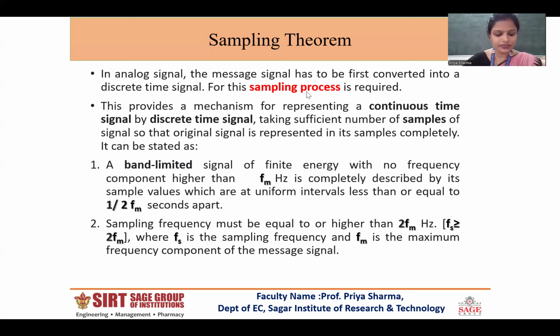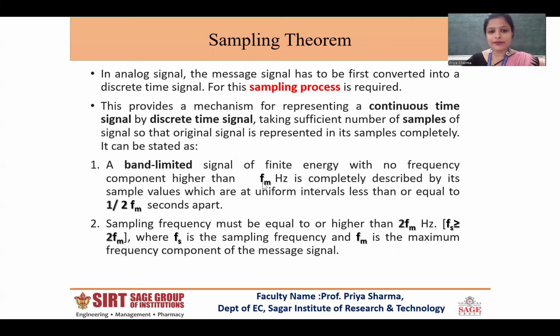Using the sampling process, we can convert a continuous time signal into a discrete time signal. This provides a mechanism for representing a continuous time signal by a discrete time signal, taking a sufficient number of samples so that the original signal is represented by its samples. And the sampling should be done so that it contains all the information of the continuous analog signal.